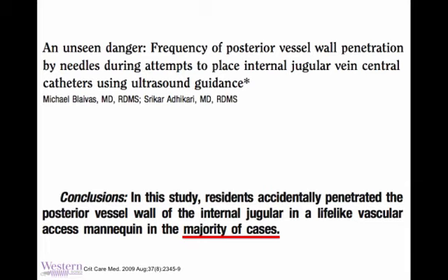And that is a common situation, according to this paper that looked at well-trained residents who actually went through the back wall of the IJ frequently in a simulation-based scenario in the majority of cases. So very interesting. And so no one's above this. And so I think no matter where you are on your learning curve with vascular access, hopefully we can move you a step up.